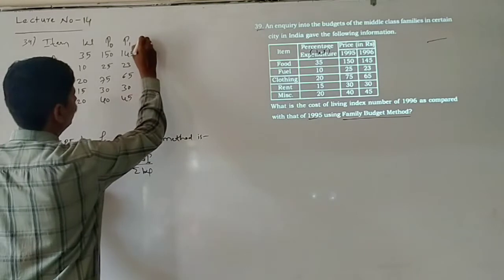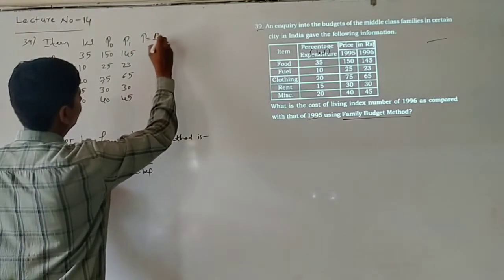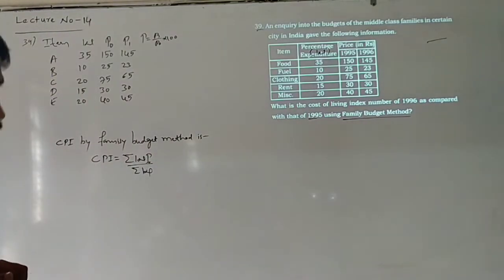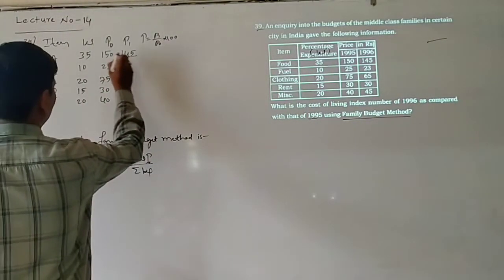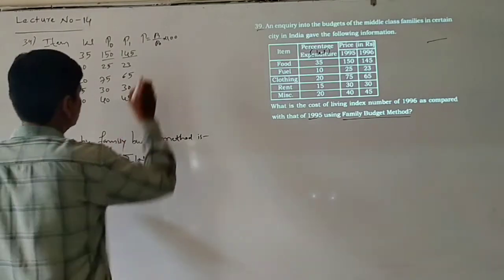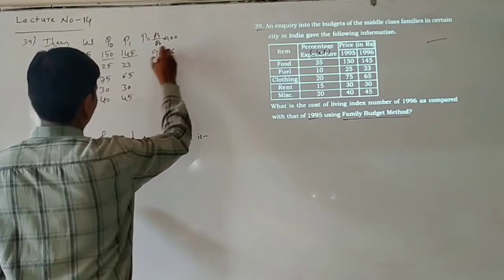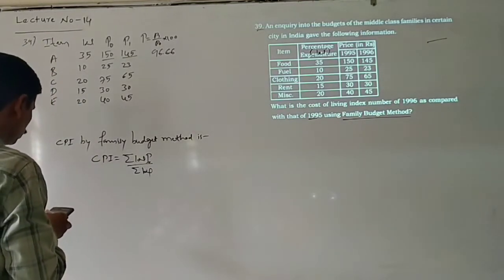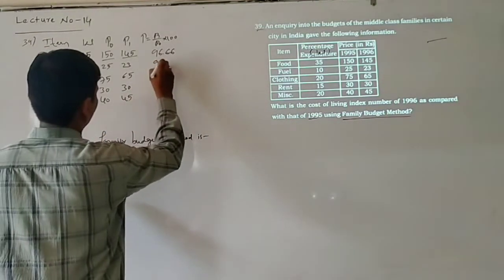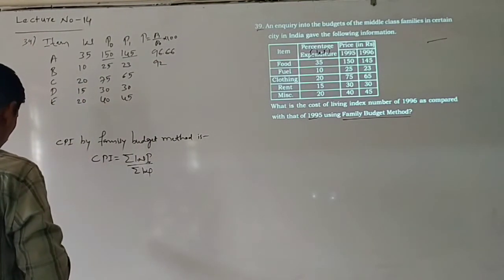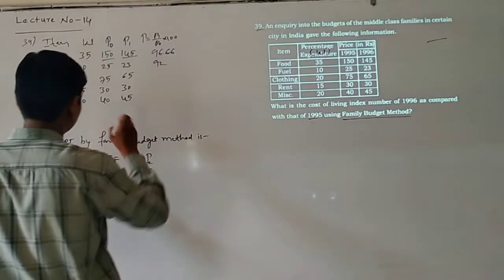You have to find the P value, that is P equal to P1 by P0 into 100. Here P1 value is 145 and P0 value is 150. 145 divided by 150 into 100 is 96.66. The next, 23 divided by 25 into 100 is 92. Next, 65 divided by 75 into 100 is 86.66.